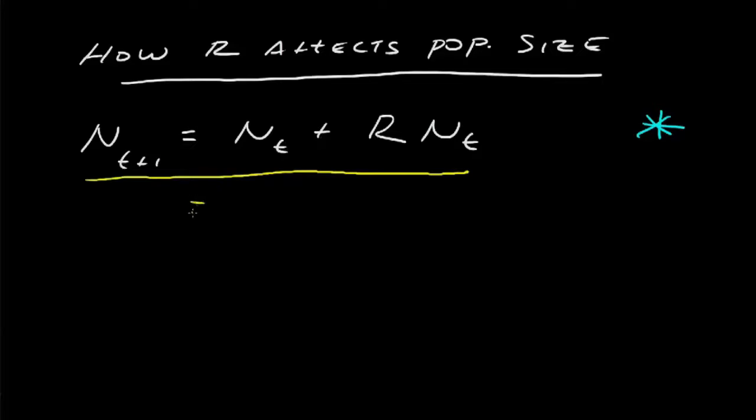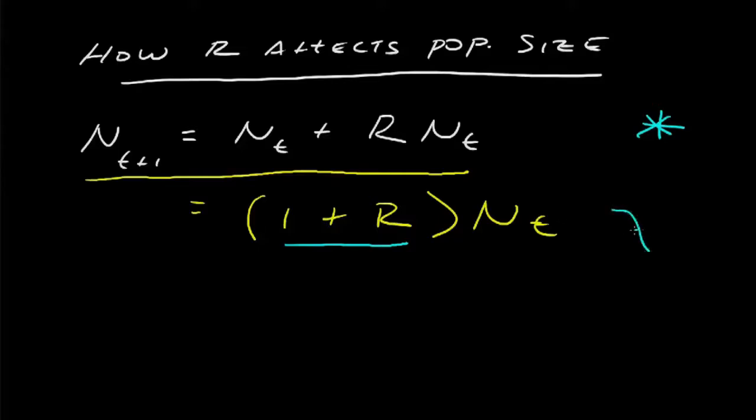I'm going to do that by factoring out NT from the right side of our equation. So that gives us 1 plus r times NT. That 1 plus r term is given its own symbol, which we call lambda.